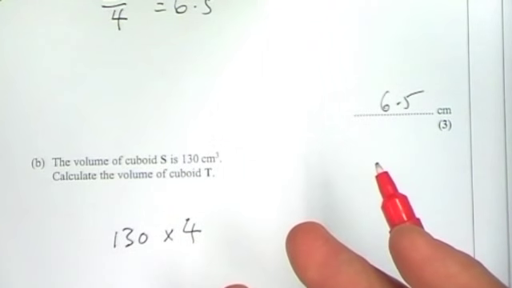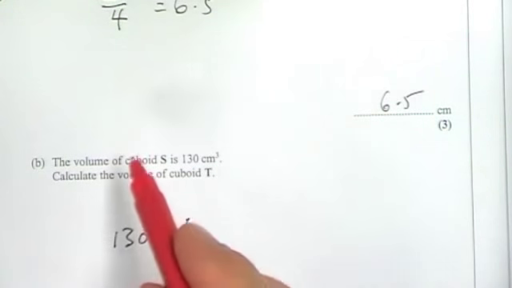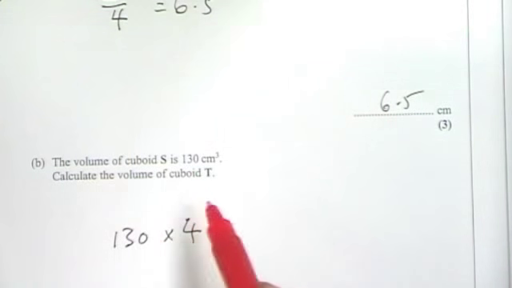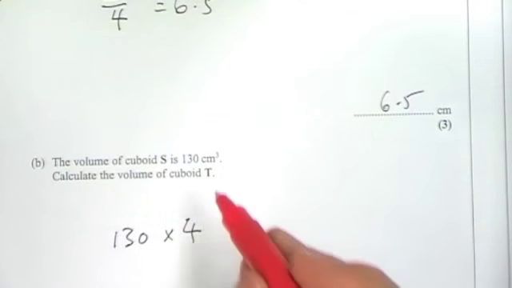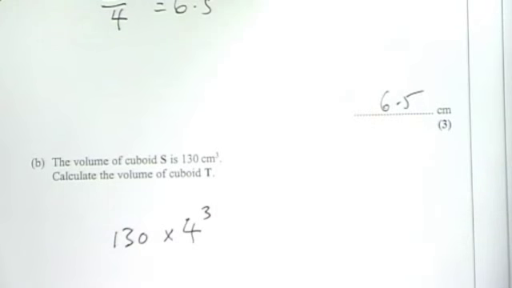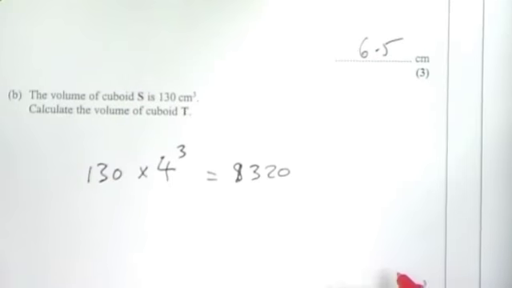Volume is 3 lengths multiplied together, a length times length times length. We've got to use the scale factor cubed to get a volume. If we wanted to find an area, we'd have to use the scale factor squared. This is scale factor cubed because we're trying to find a volume. So 130 times 4 cubed, that actually comes to 8,320.